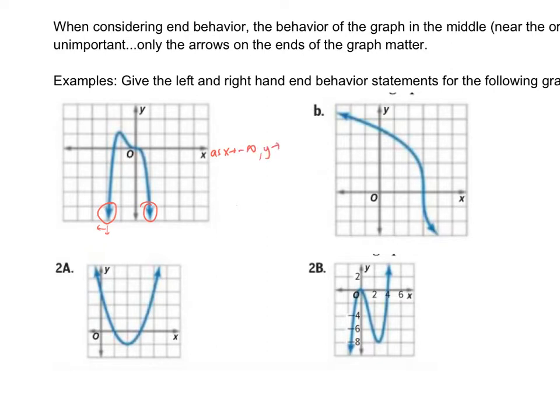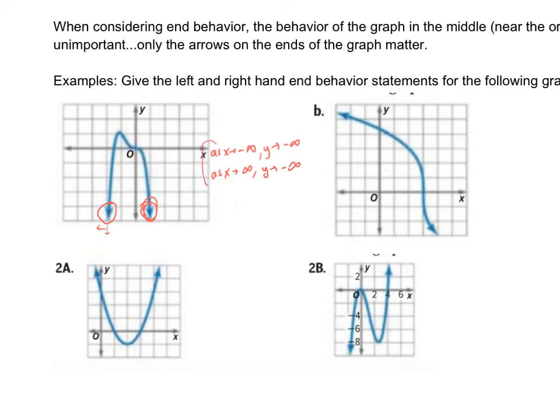Y approaches negative infinity, that means it's going down. So that would be the left-hand end behavior statement. The right-hand one would be the one that corresponds to this arrow, and it's pointing down and to the right. So that would be as x goes to infinity, that's pointing to the right, y goes to negative infinity, that's pointing down.